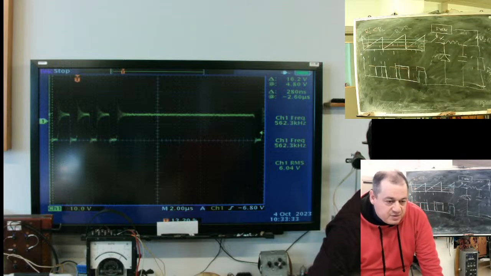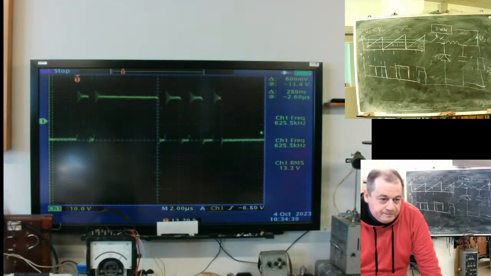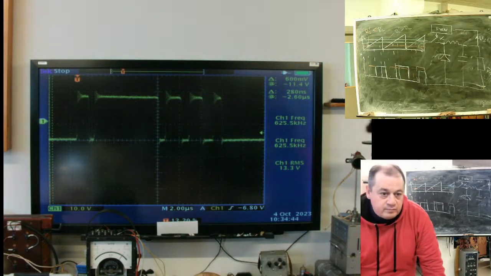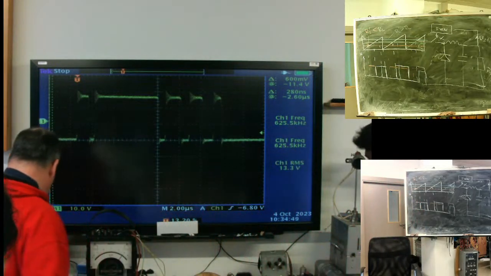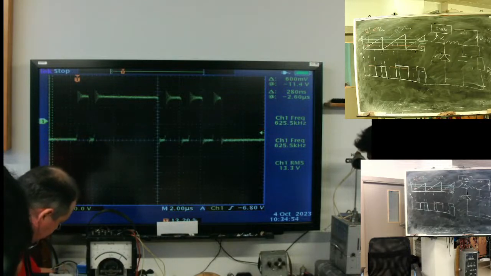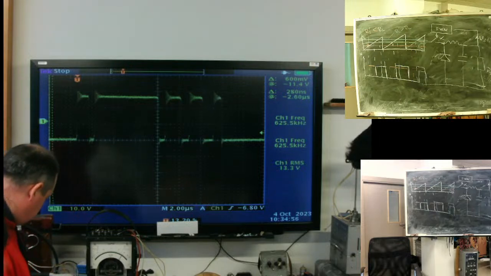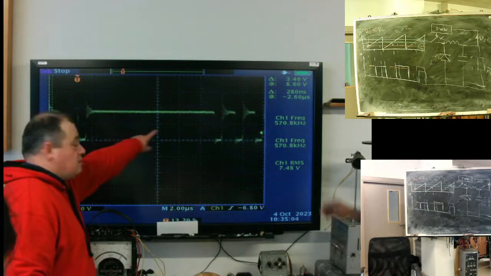But I have a problem. 26. One area. 17 volts. Here it is.